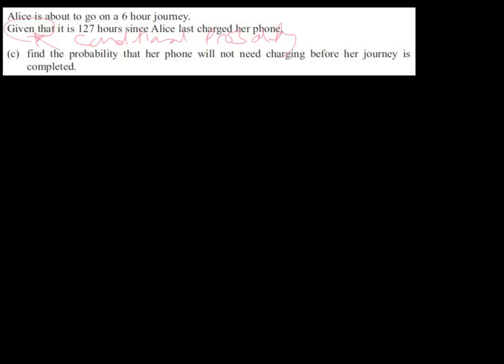So essentially, we are trying to find the probability that L is greater than 127 plus 6, which gives you 133 hours, because we don't want it to run out before the end of her journey. But since we've been given this additional information here, we are using the conditional probability.